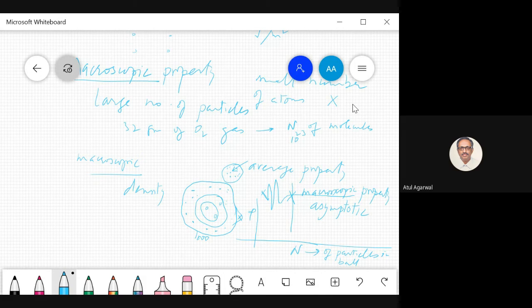So you're not worried about the fine fluctuations here. You define density, you try to make a group of atoms, a reasonable number.